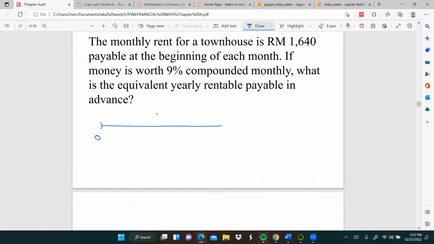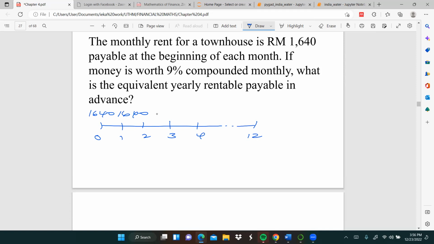Okay, 0, 1, 2, 3, 4, sampailah 12. So it is 1640, 1640, and then we want to find the discounted value, the present value of 12 payments of 1640 at time 0, which is the same date where the first payment is made.